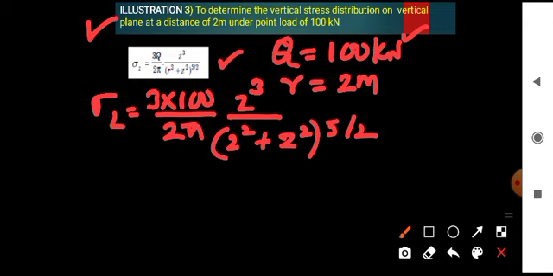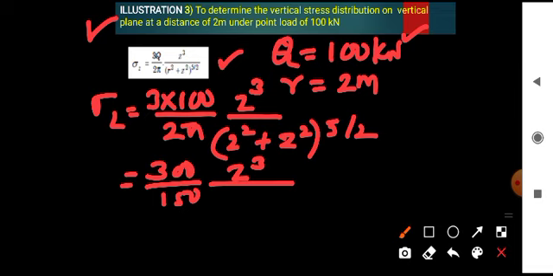If you simplify further, 300 divided by 2 pi, that is about 6.28, into z cube divided by 4 plus z square to the power of 5 by 2.